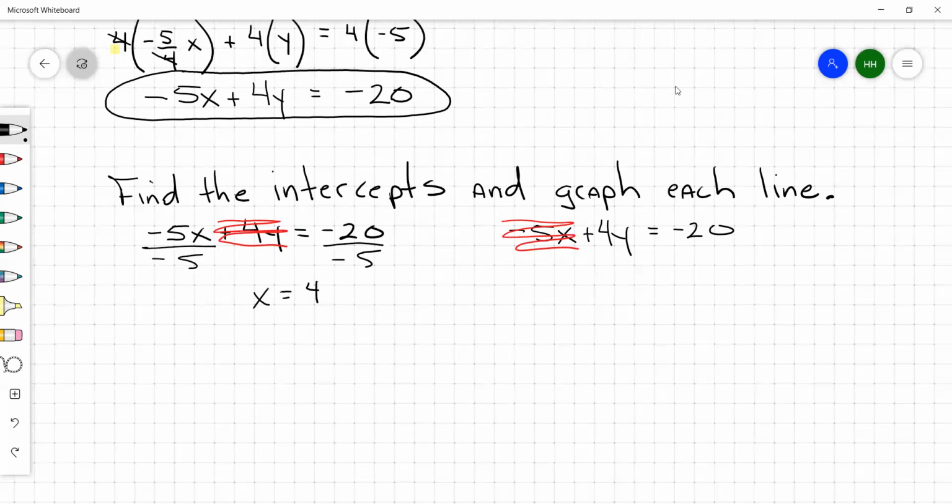And if 4y equals negative 20, and you divide both sides by 4, then y equals negative 5. And those are your intercepts.